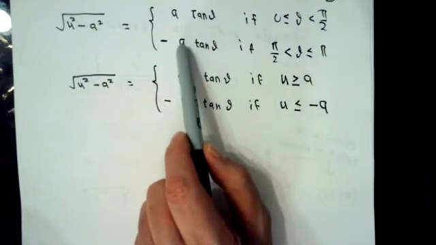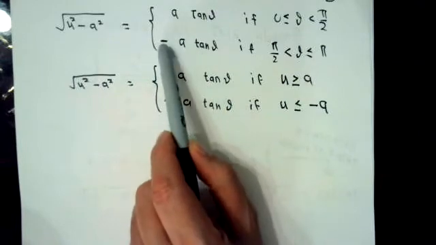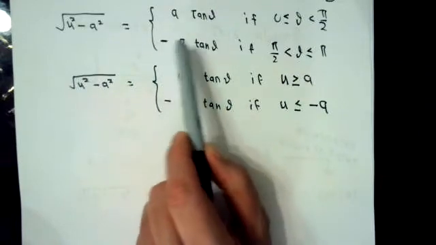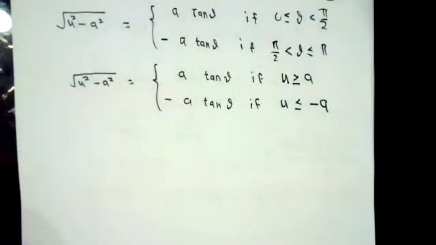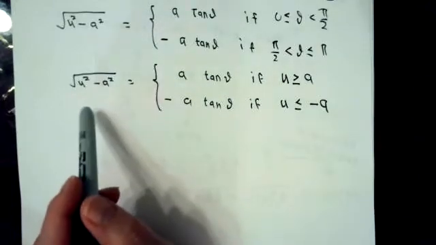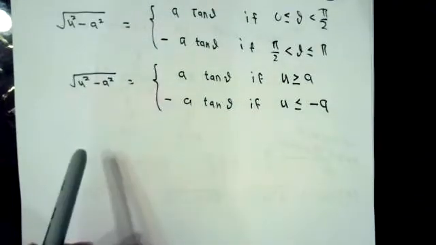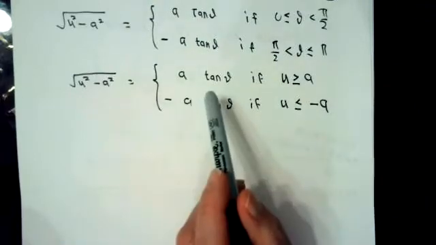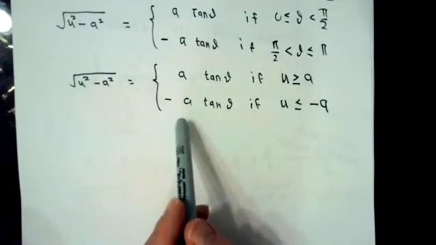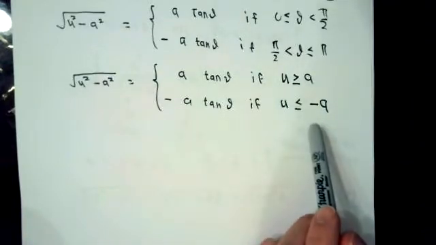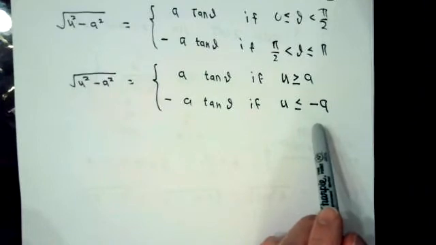Negative times positive is negative, and put the negative sign on, which turns this into a positive number, which radical of anything has to be. That is to say, square root of u squared minus a squared using our substitution is going to be a tangent of theta when u is bigger than or equal to a, and negative a tangent theta if u is less than or equal to negative a.